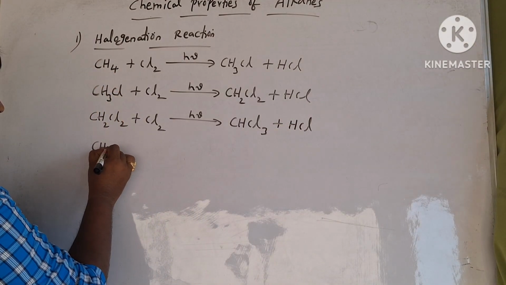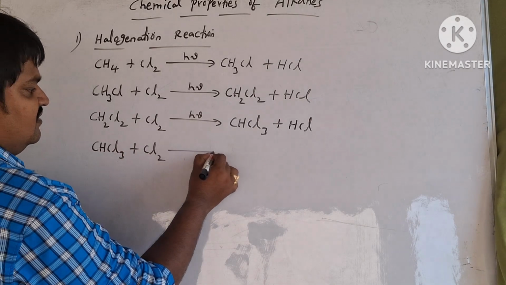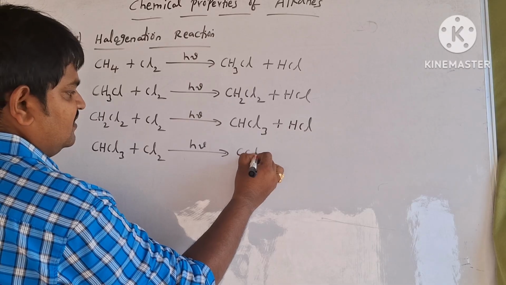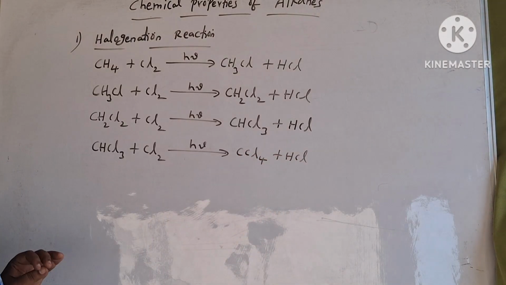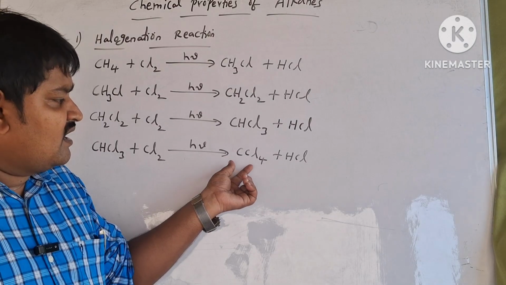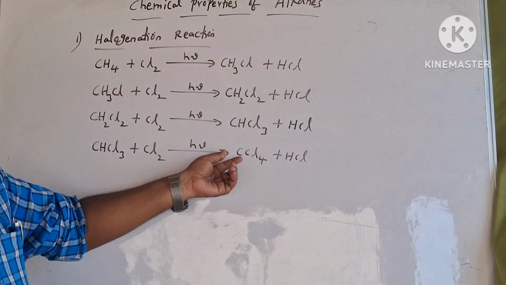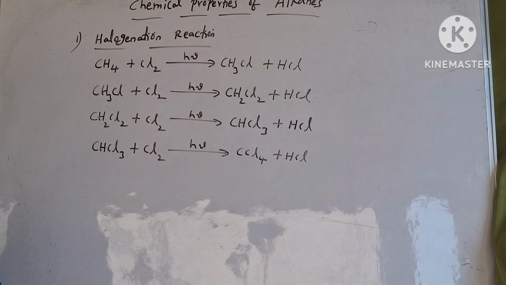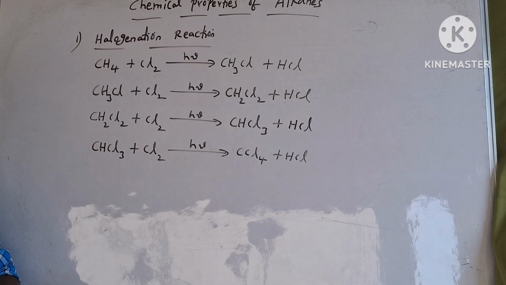Whenever trichloromethane reacts with chlorine in the presence of sunlight, it will form the corresponding CCl4, tetrachloromethane. It is also called carbon tetrachloride. Here another substitution is not possible because there is no hydrogen. The first chemical property of alkane is named the halogenation reaction.